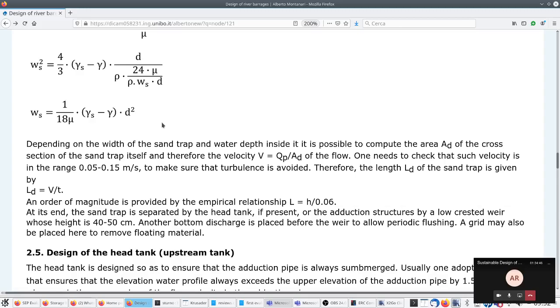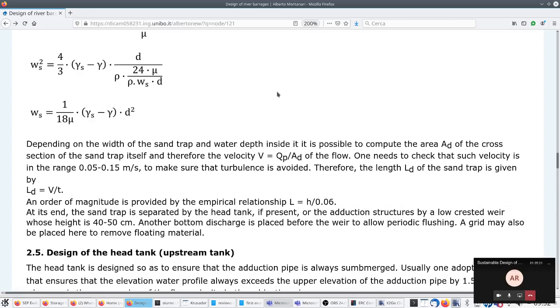And γ is the specific weight of water. So γs − γ is the immersed specific weight of the particle, and μ is the dynamic viscosity of water, which is a property of water. You can get the value from tables, you can look on the web. It's a specific property which determines the viscosity of the fluid, which in this case is water.